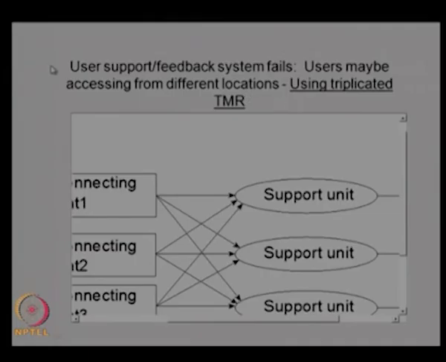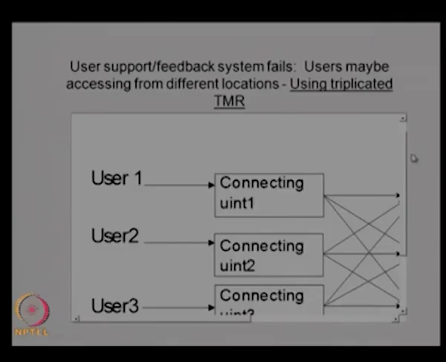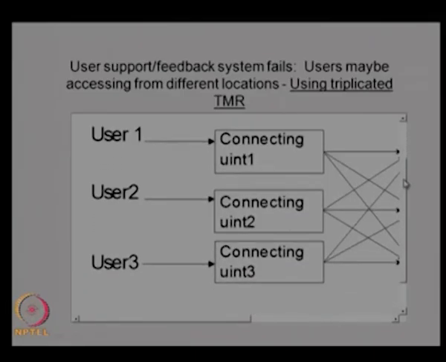And similarly for the support or feedback system failing, we can have a triplicated TMR kind of method over here. So when the feedback system fails, we can have different ways of connecting the user input to the system. So if one of the methods fails, another will be available for connecting.